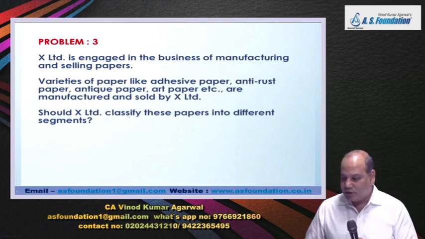Should X Limited classify these papers into different segments? One has to see the economic characteristics of these papers. Are they significantly different from each other or not? If the answer is no, then we can aggregate them.